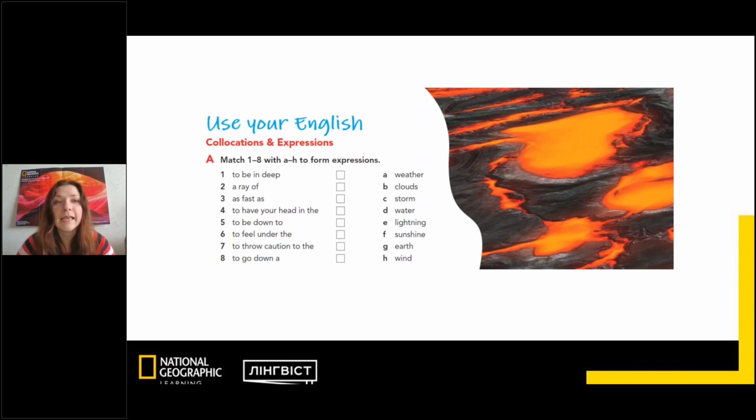For example, for number 1, to be in deep, the answer would be D, to be in deep water. Again, just basing on your own experience and maybe your feelings, how you would match these columns.